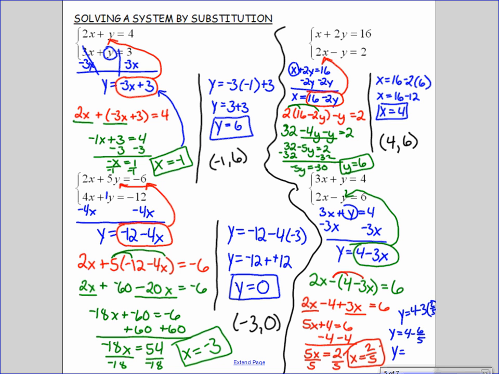So 4 minus 1 1/5 would be 2 4/5. So our ordered pair will be x value first, 2/5, and 2 4/5.